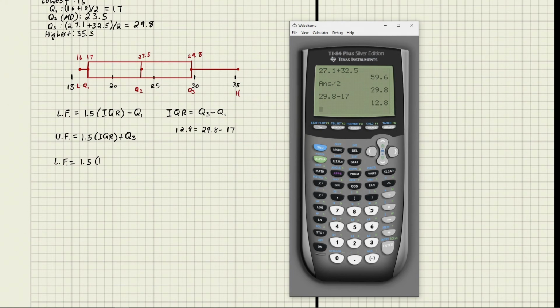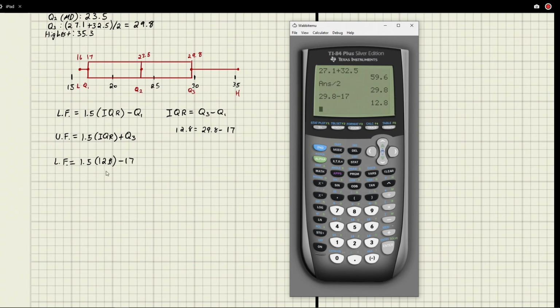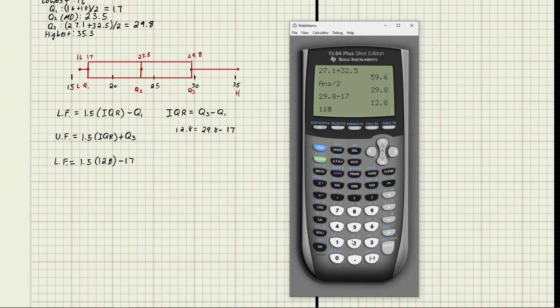So this is going to be 1.5 times 12.8 minus 17, because 17 is the first quartile. We get 2.2.